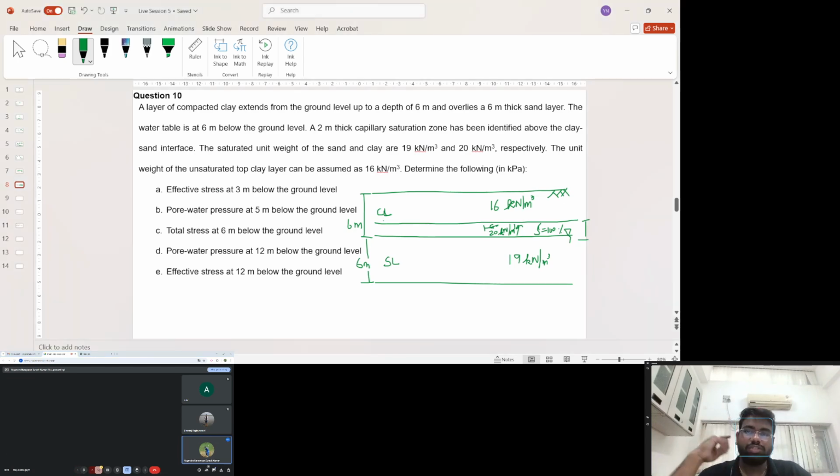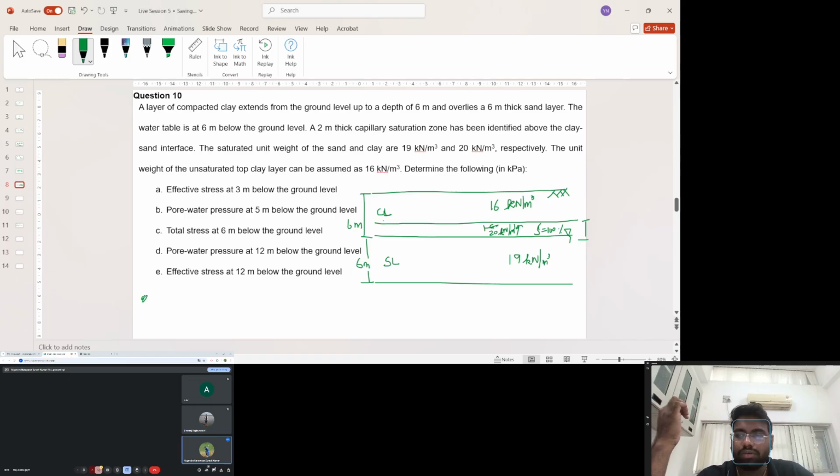Now coming to the first sub question: effective stress at 3 meters below the ground level. There is no presence of water, so it is straightforward.